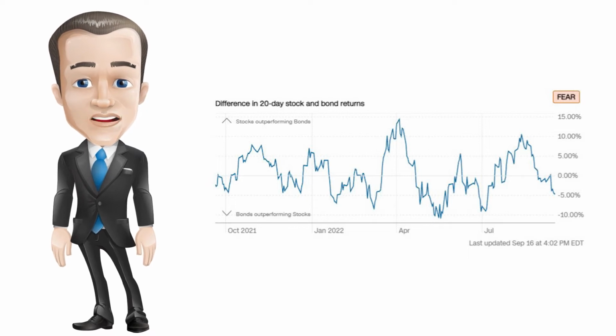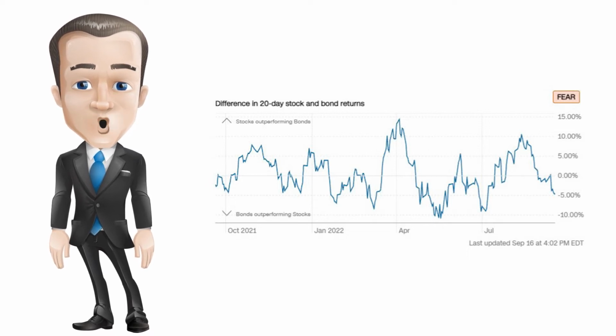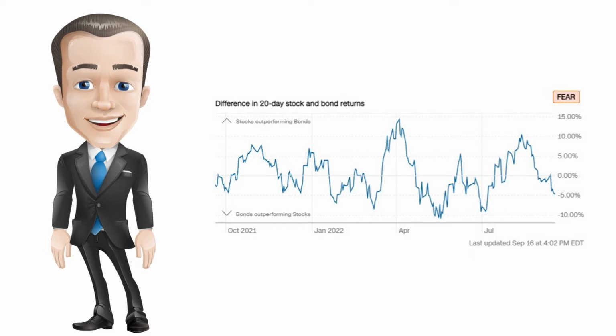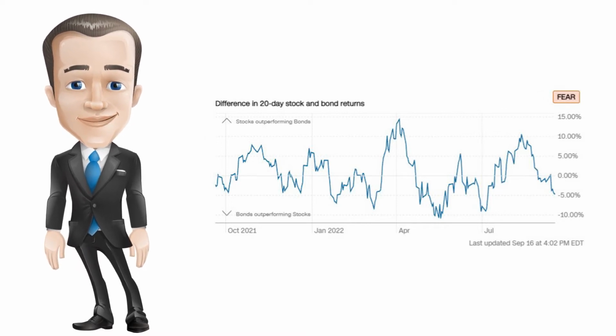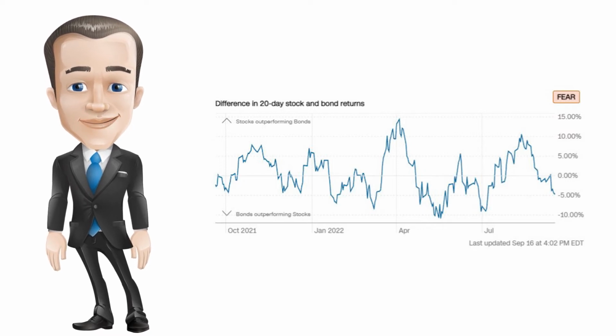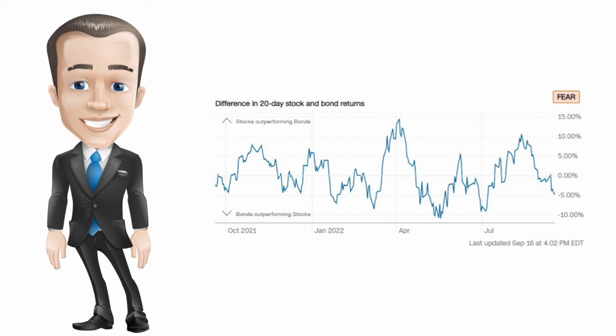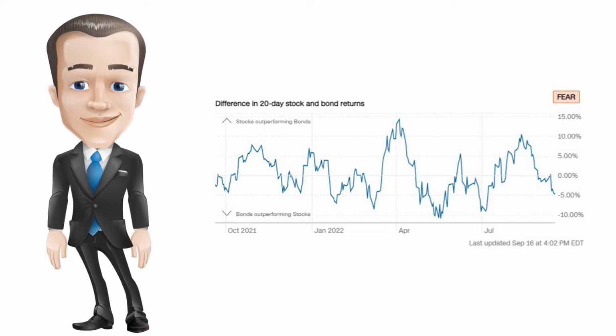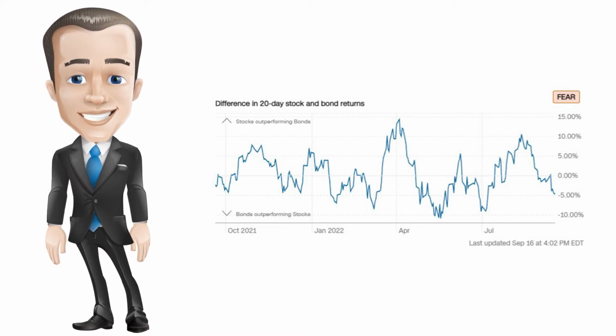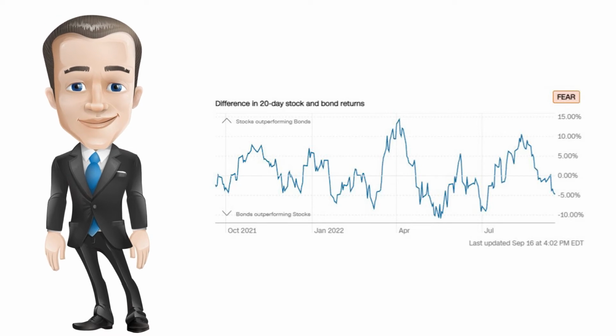Bonds do better when investors are scared. The Fear and Greed Index uses increasing safe haven demand as a signal for fear. This interpretation of the ratio is done by CNN, and they take a 20-day difference between the stock and the bond prices to give you a fear indicator.